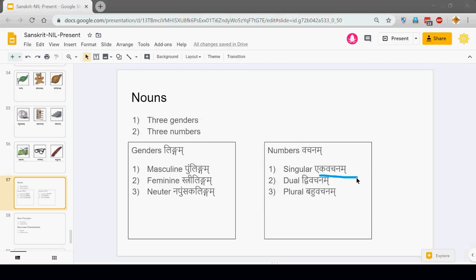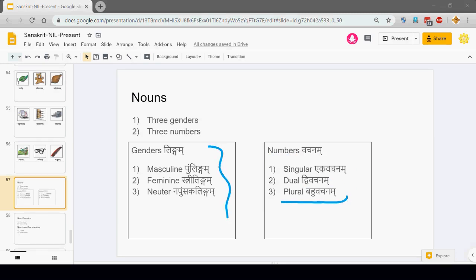If there are two objects, then we use dual, or dvivachanam, form of the noun. And if there are three or more, then we use the plural form of the noun. That is bahuvachanam.